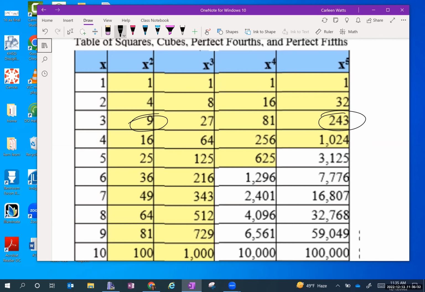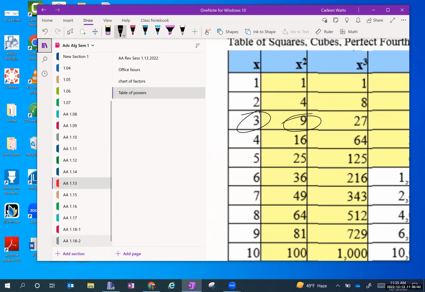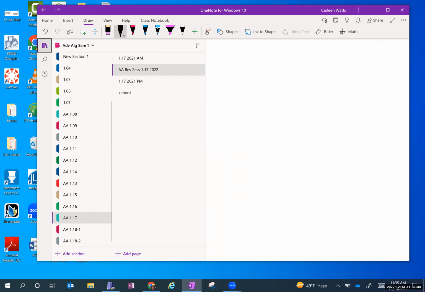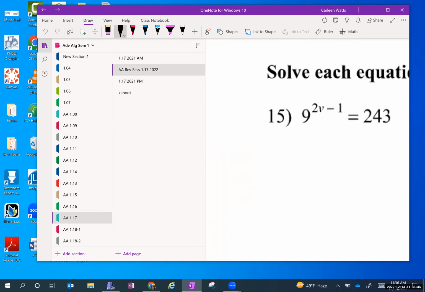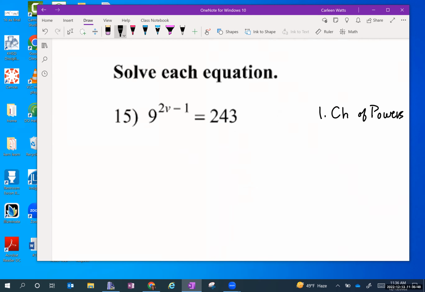Not 9 to the 5th. Careful. Here's the base right there, right? Yeah, there you go. Okay. Nope, that one. So we have 3 squared and 3 to the 5th.